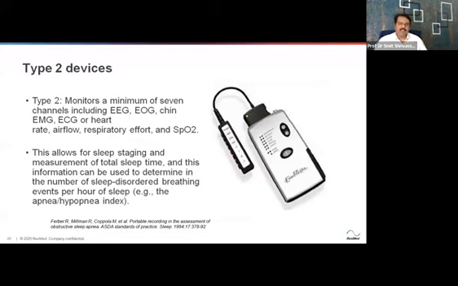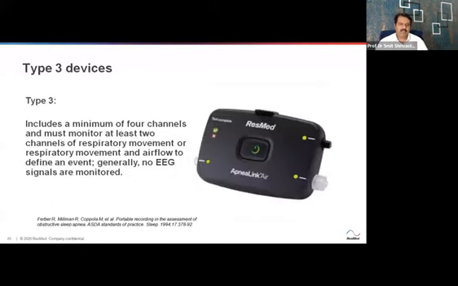The type 2 device, though this is not even the one that I use, allows for sleep staging and measurement of total sleep time, and it is a short version of the type 1. The type 3 device is the one that I commonly use, and it is tied with a flexible tube on the chest of the patient.